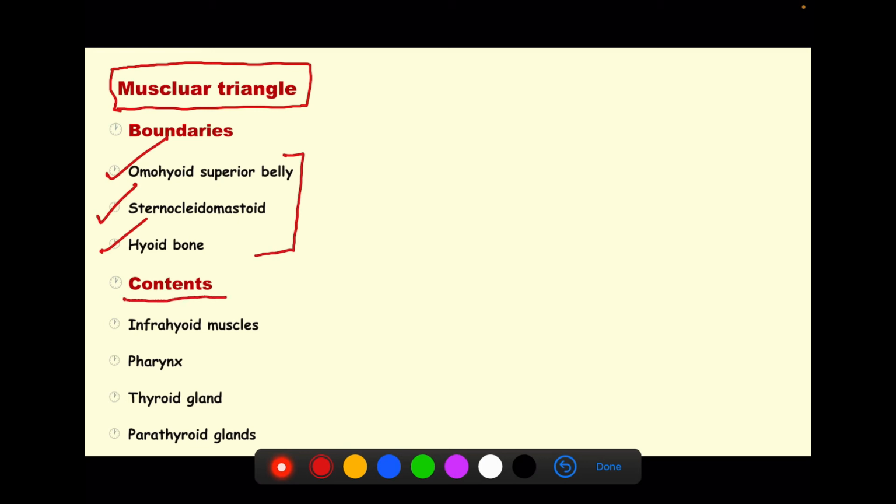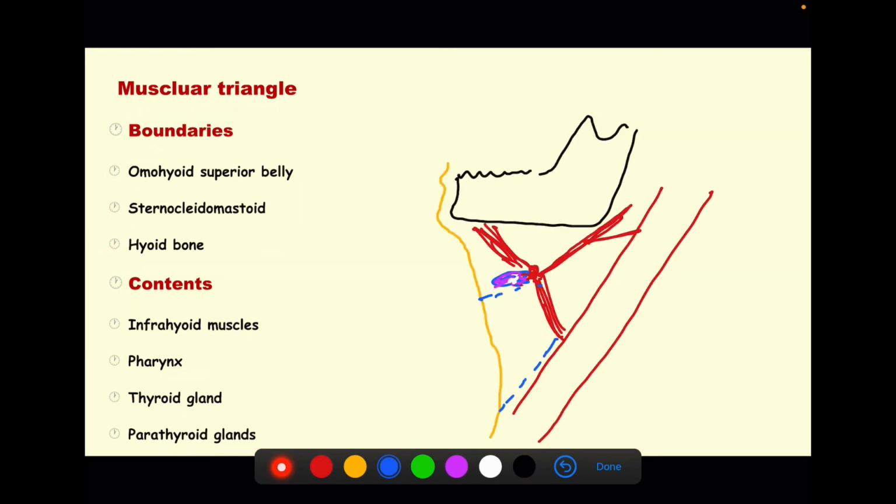The contents of this triangle are infrahyoid muscles, pharynx, thyroid gland, and parathyroid gland. I will draw the position of the muscular triangle. Here in the picture, the blue marked region is the muscular triangle.